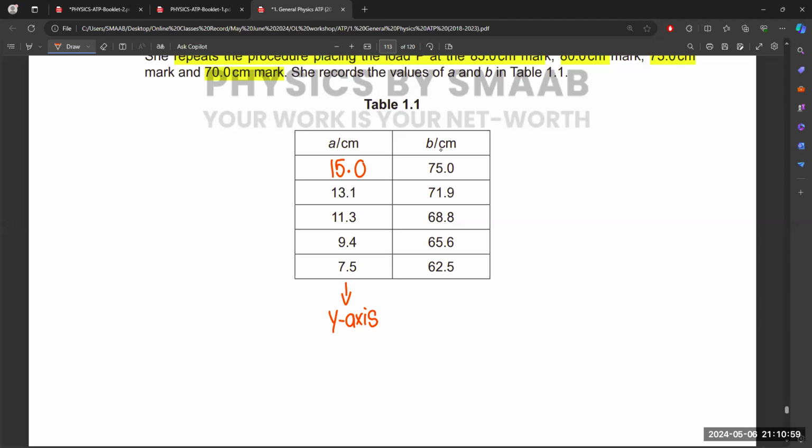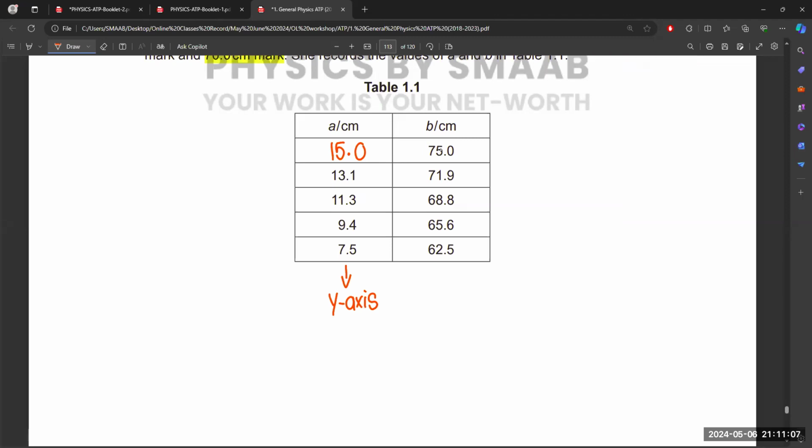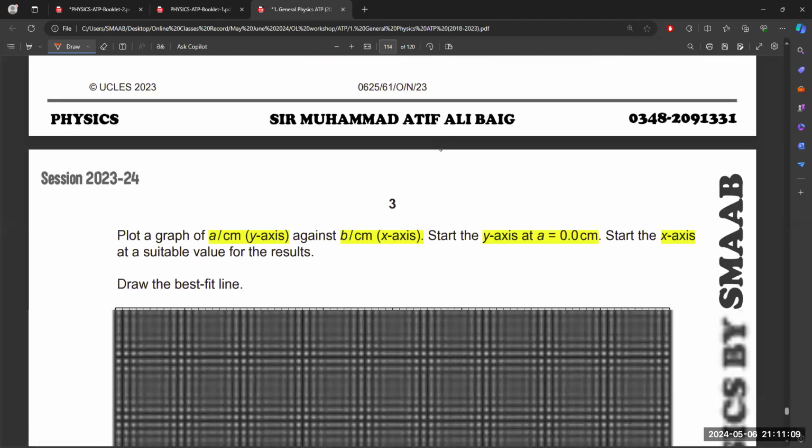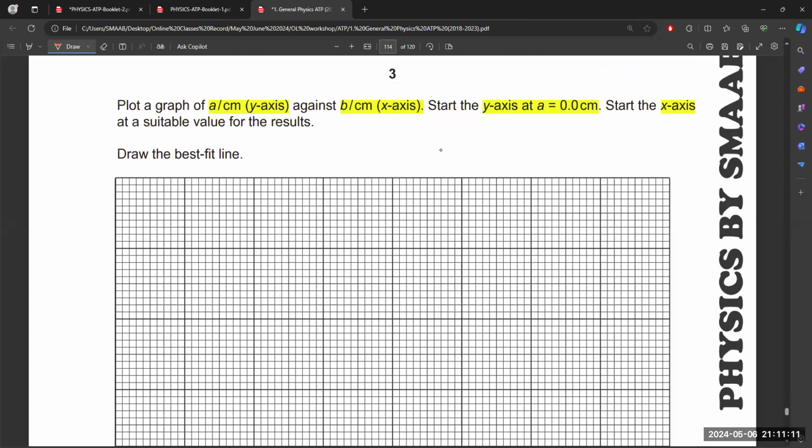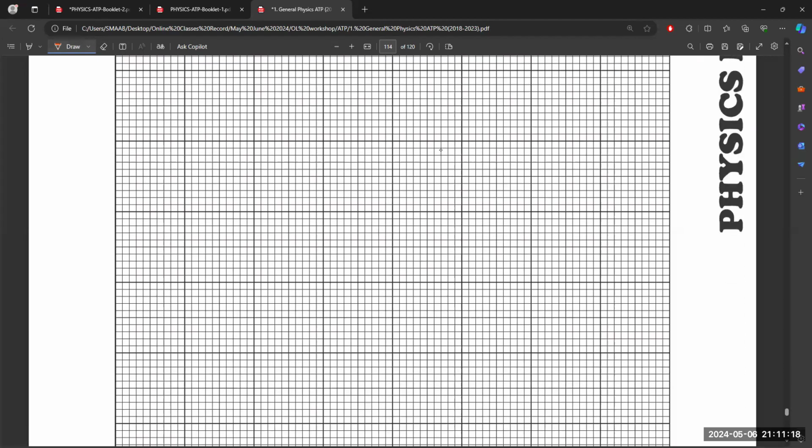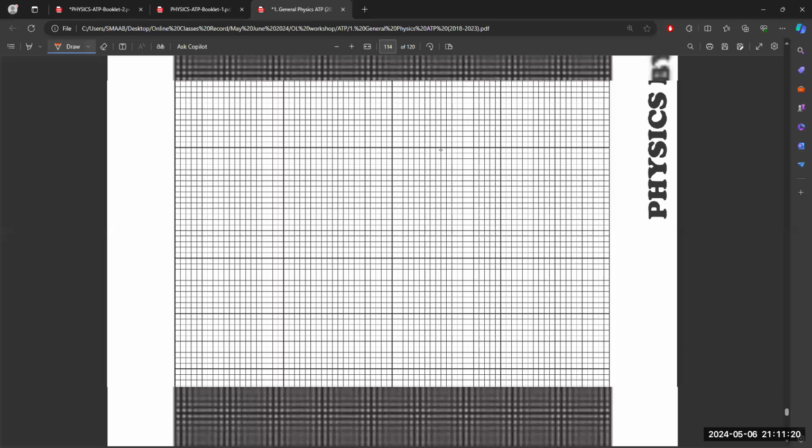So we have to keep in mind that we have to cover this 15 centimeter within the graph, and at least we have to use 75% of the graph, right? It is not compulsory that you plot 15 at the top, but at least more than 50% and close to 75% you have to use.